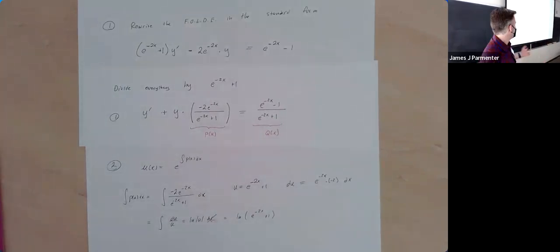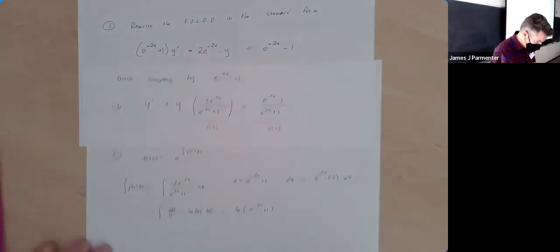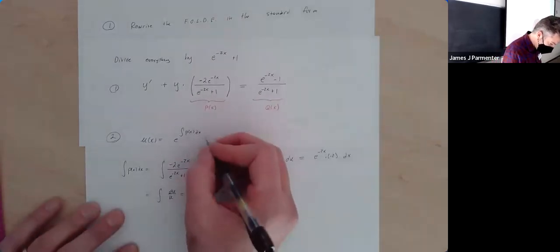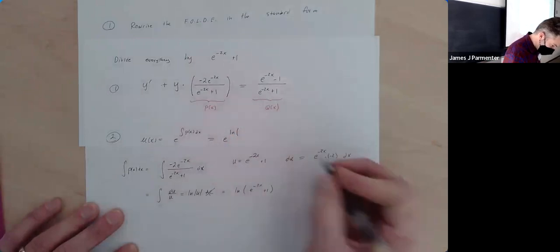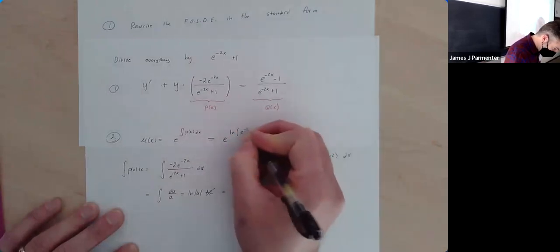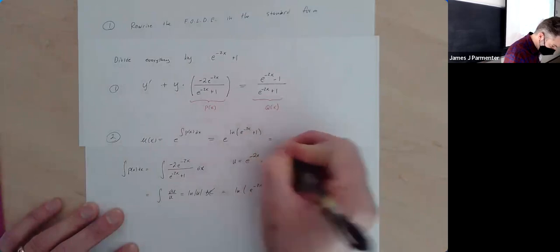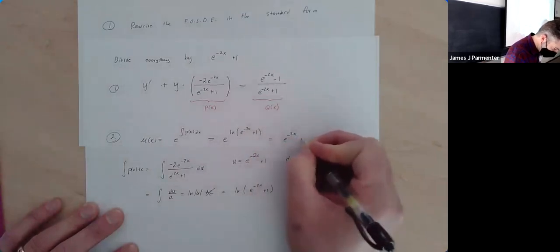It's worth mentioning that you can drop the absolute value because e to the negative 2x plus 1 is always positive anyway. So back to our integrating factor, that's going to equal e to the natural log of e to the negative 2x plus 1, which is just e to the negative 2x plus 1.